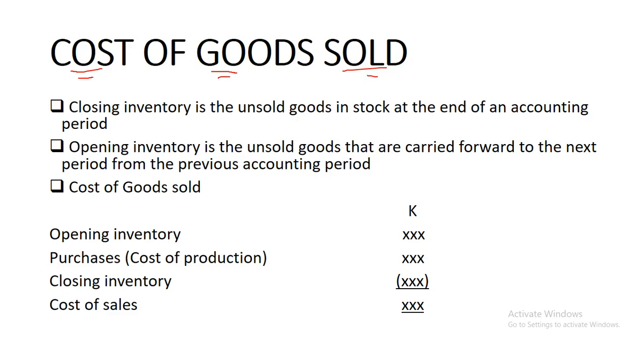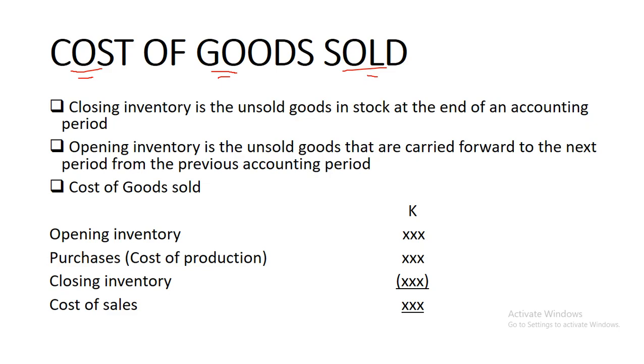After you get the gross profit, you deduct the operating costs, and then you get the profit before interest and tax. Then you deduct the interest expense, then you have the profit before tax, and when you deduct the tax, you're going to have the net profit. So here our main focus is the cost of goods sold. It's cost of sales, in other words.